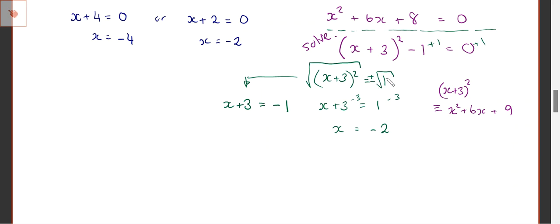I remember Jackson telling us yesterday. So we do have the 2 options. We have the plus 1 option that we dealt with. Now we have the negative 1. What happens? We have to do exactly the same. We subtract the 3, and we end up with x equals negative 4. There are my 2 solutions.